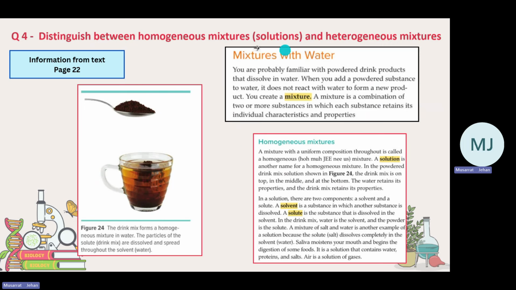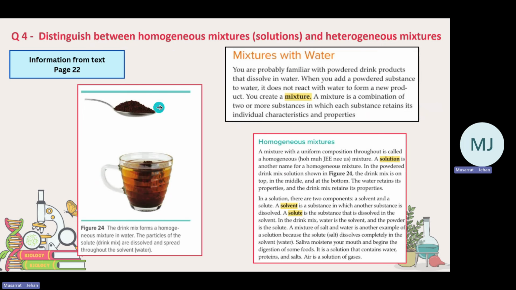You should know the difference between homogeneous and heterogeneous. A homogeneous mixture has a uniform composition throughout. We also call them solutions. Solution is another term used for homogeneous mixtures.